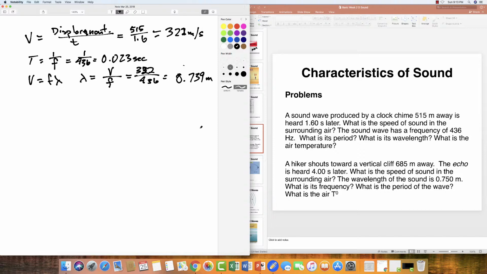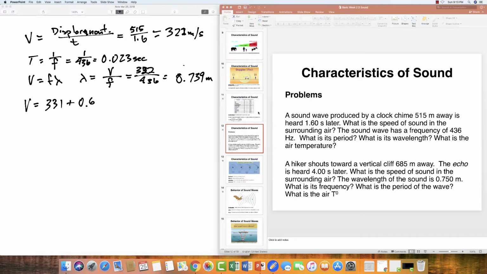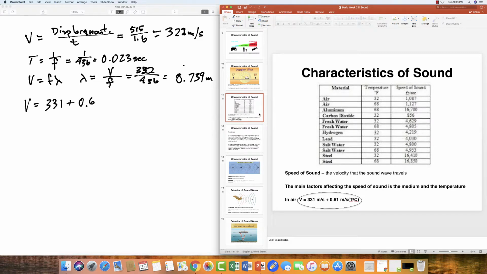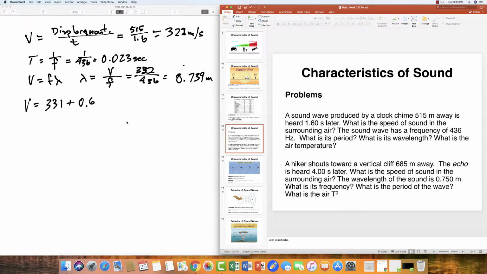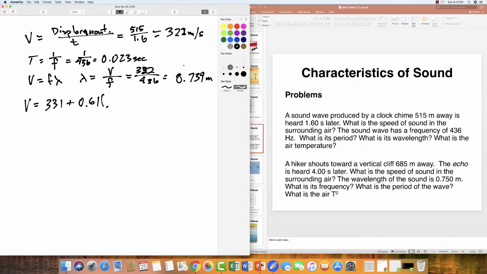And then what is the air temperature? Okay, so velocity is equal to 331 plus 0.6. Let me make sure I got the formula right. Yeah, 331 plus 0.61 times whatever the temperature is. And so our velocity is 322, which is 331 plus 0.61 times the temperature in degrees centigrade.